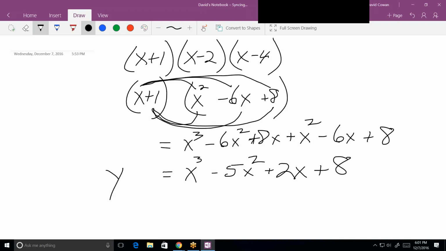And it satisfies their conditions that it has these 3 zeros, and it also satisfies their condition that it have a leading coefficient of 1. What if they'd said it had to have a leading coefficient of 2? What would my polynomial be?